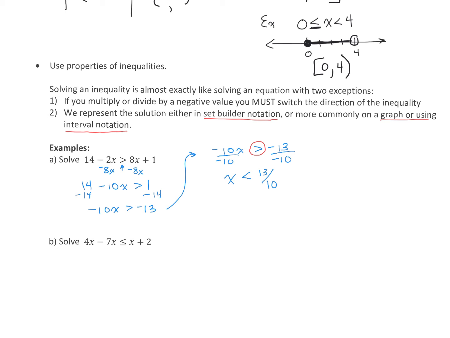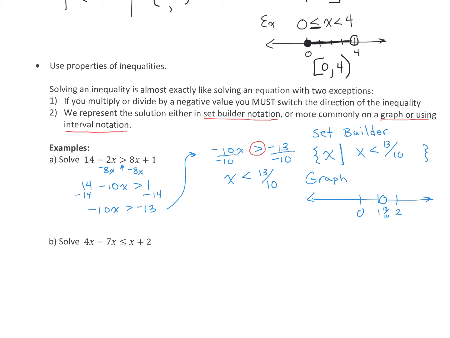So let's take a look at this all three ways. For set builder notation, we would make a set, and we start with an x and then a bar, and that says x such that, and then we put the inequality. X is less than 13/10. On the graph, we know 13/10 is a little bit more than 1, so we'll put it here at 13/10.